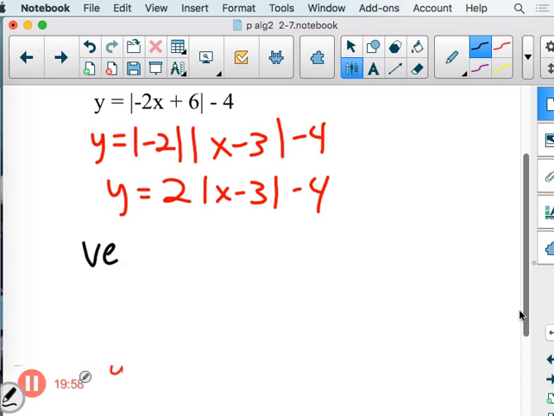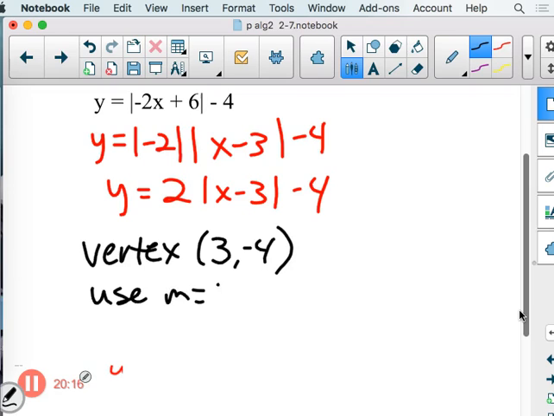So step 1 would be, hey, where is our new vertex? Where is it? a negative 4. And then we would use a as the slope of the right side of the graph. So use m equals 2 for the right side of the graph.